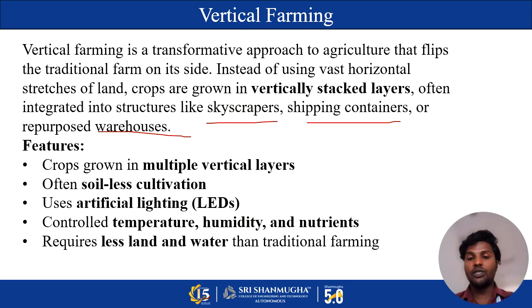Temperature, humidity and nutrients are controlled. Unlike traditional farming, where we depend on climate and geography, in vertical farming we create a controlled environment. Less land and water are required, because we manage the land space and water. That is one of the benefits of vertical farming. We can move to the next slide.